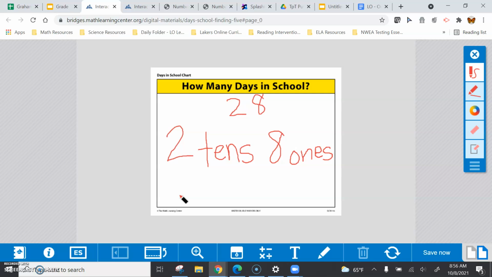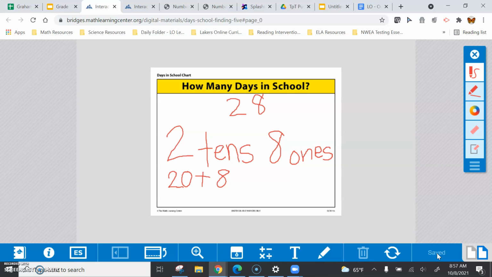I want you to think of math facts that you know that equal the number 28. I'll start off one. I am thinking I could put 20 plus 8. 20 plus 8 equals that big number 28.